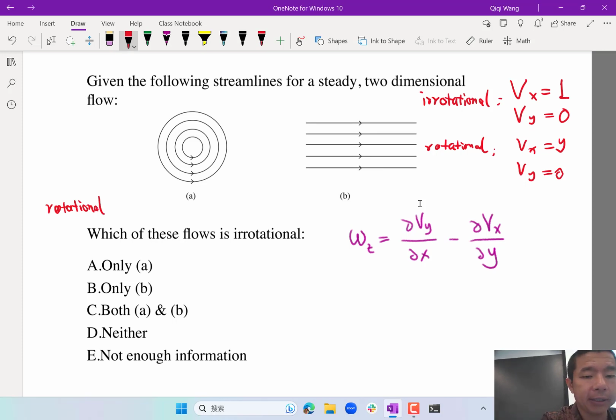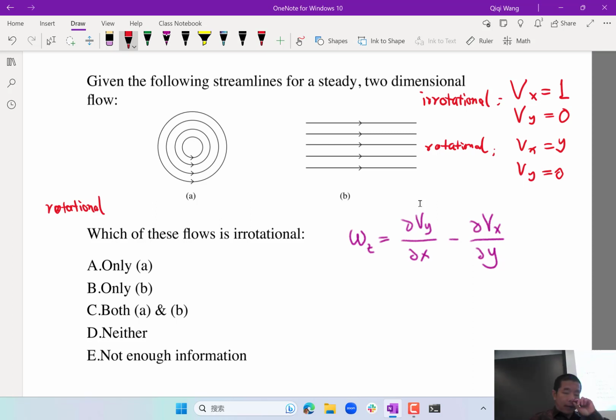Okay, so it's actually easy to come up with a rotational case. First of all, in order to follow these kinds of streamlines, we have to have positive x velocity when y is negative, negative x velocity when y is positive, positive y velocity when x is positive, and negative y velocity when x is negative, right?